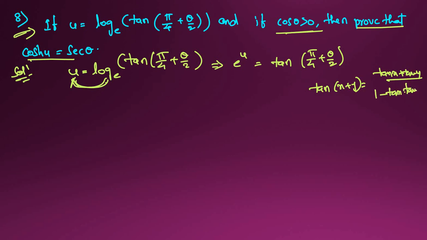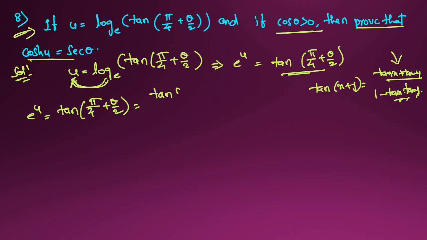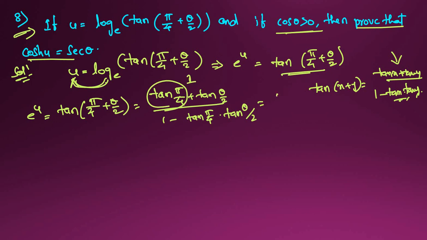So I will use this here: e^u is equal to tan(π/4) + tan(θ/2) divided by 1 − tan(π/4) tan(θ/2), and tan(π/4) is equal to 1, so it is 1 + tan(θ/2) divided by 1 − tan(θ/2). So next, what is here?